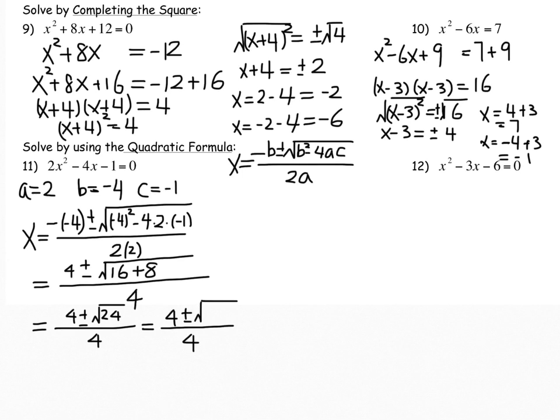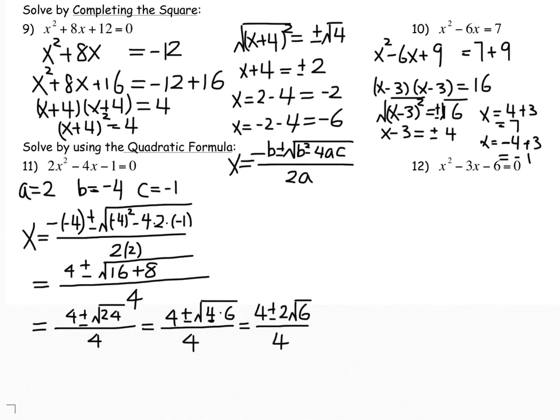So 24 is 4 times 6. Notice that square root of 4, I'm looking for the perfect square inside the square root. So square root of 4 is positive 2. So this is what I meant about taking it out to the outside of the square root.